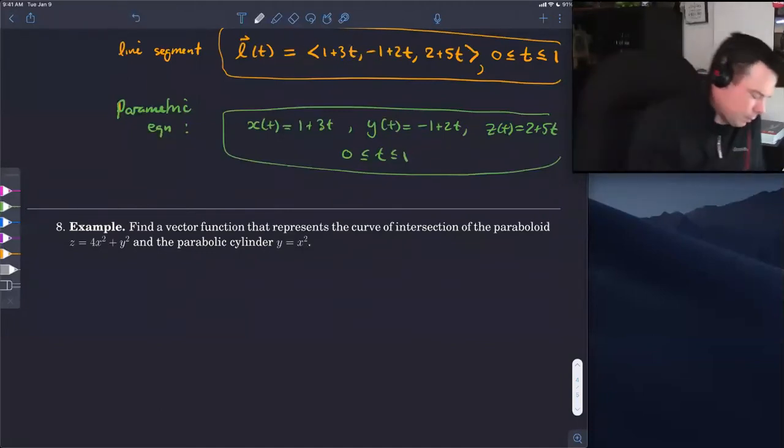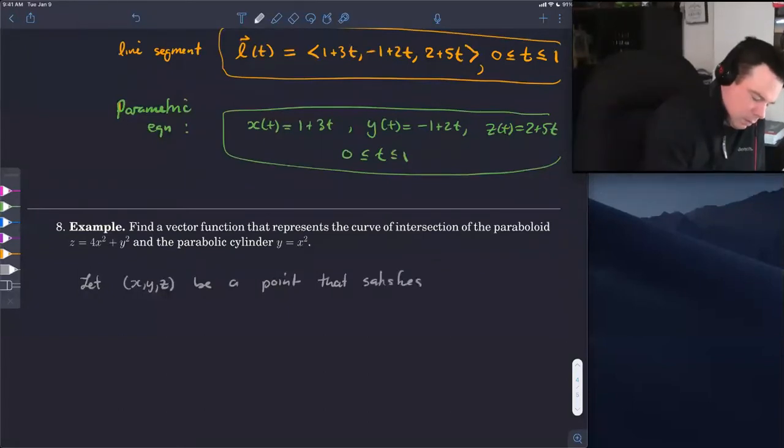So what we want to do is start by saying, well, let (x, y, z) be a point that satisfies both z is equal to 4x squared plus y squared and y is equal to x squared.